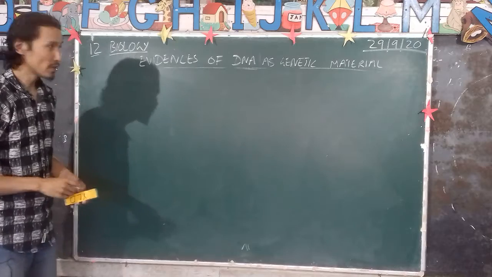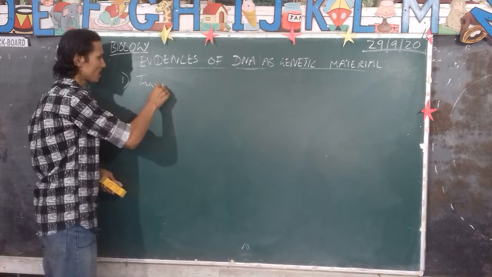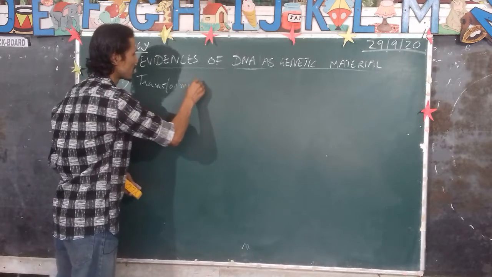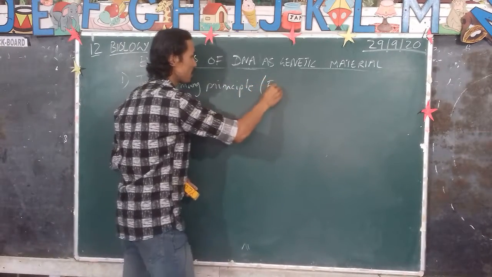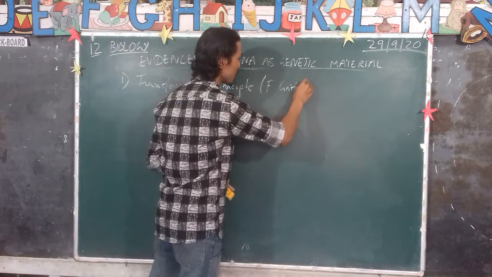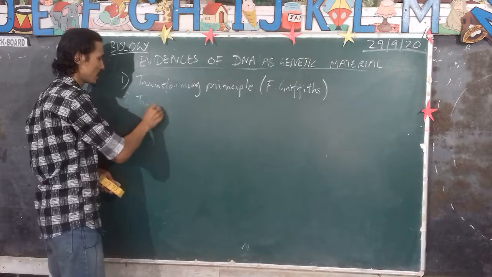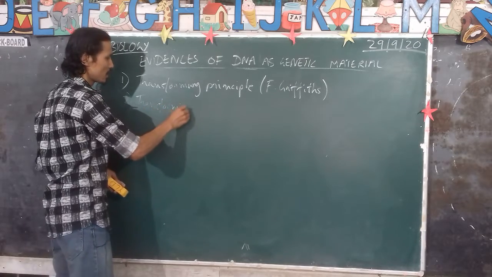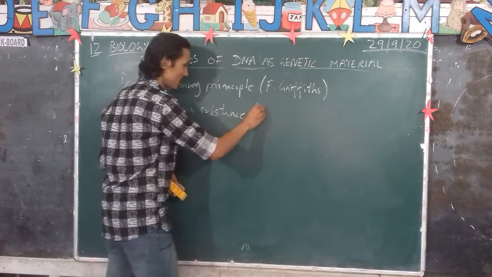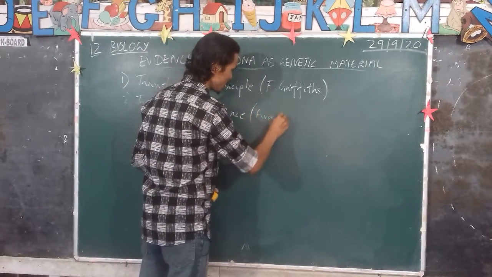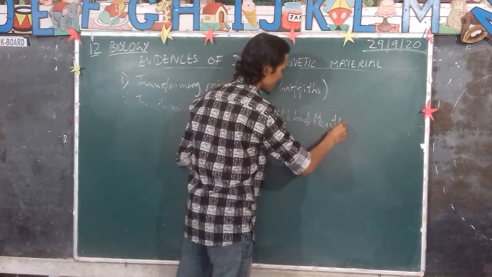So all these experiments provide evidence for DNA. The first experiment was the transforming principle by Griffith. The next experiment was the transforming substance by Avery, MacLeod, McCarthy.